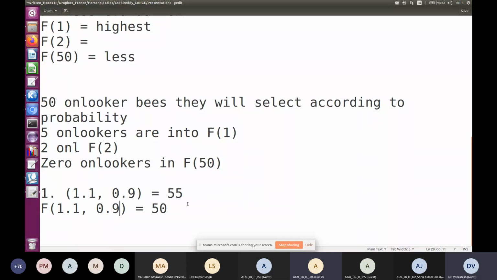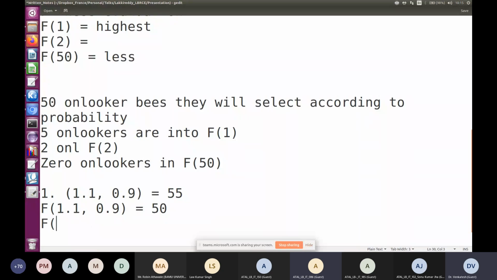In the same way, these 5 onlookers are recruited for this one. Every onlooker will try to modify the same coordinates only, because this 1 1 already has the highest fitness value. So changing the values a little bit might find a better fitness value. Somebody got 50 to 55, and another onlooker also tried for this one, 1.1 0.9.